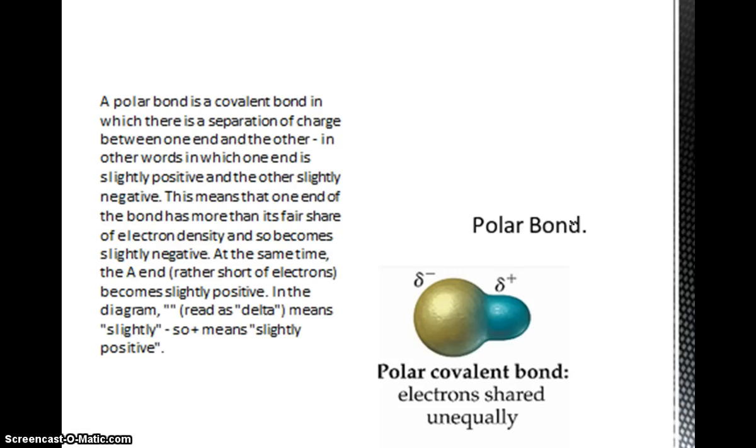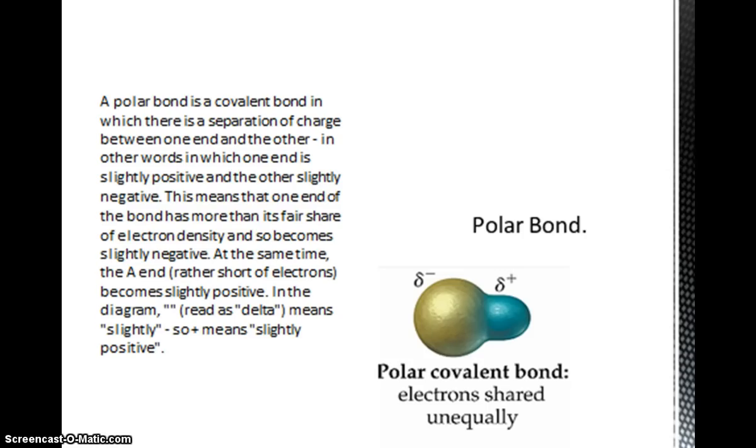Another one is a polar bond. A polar bond is a covalent bond in which the charge is separated between one end and the other. In other words, one end is slightly positive and the other is slightly negative. This means that one end of the bond has more than its fair share of electron density, and so becomes slightly negative.